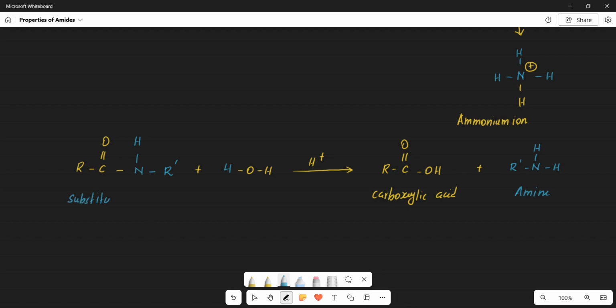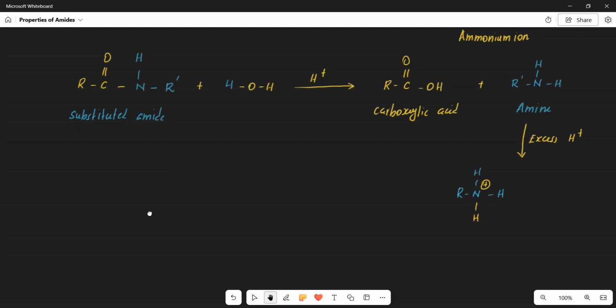And this is the substituted amide because in NH2 group, the R dash is substituted. Usually I have excess H plus, then I'll end up with R dash N H H H with a positive charge. It's again an ammonium ion, a substituted ammonium ion.